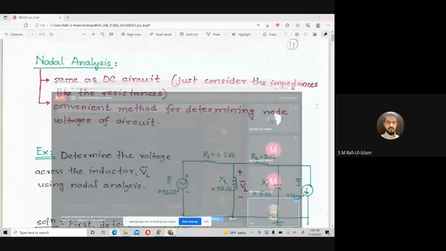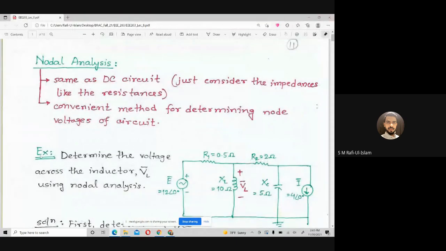One of the most prominent methods of solving electrical circuits is nodal analysis, and another one is mesh analysis. Probably we have already learned mesh analysis, or loop analysis. So here we'll be studying nodal analysis, which is the same as what we learned in DC circuits. We must just consider the impedance like the resistance.